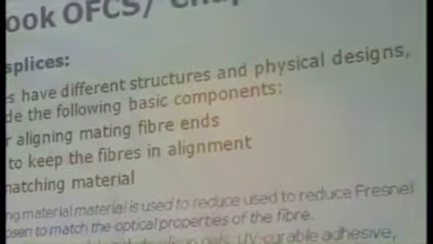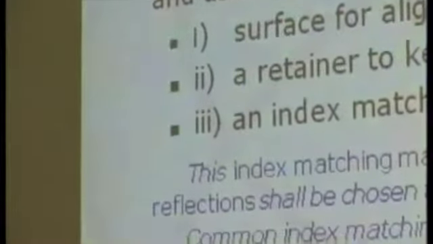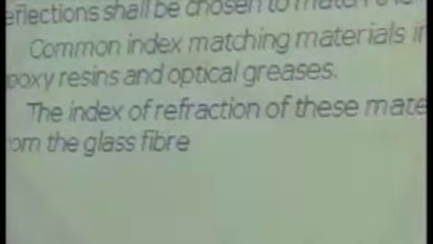One important thing to have in mind is that the index of refraction of these materials is very sensitive to temperature. They have a higher dependence on temperature, and this dependence is completely different from the glass. When we change the temperature by 10, 15, 20 degrees, the refractive index of the glass is still the same.